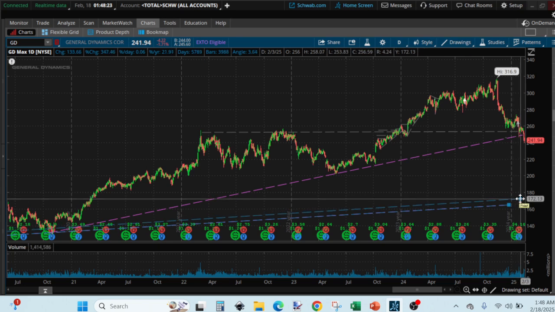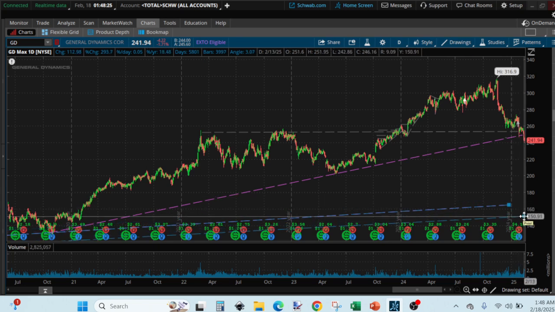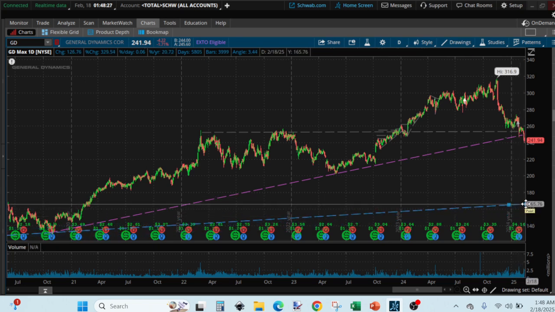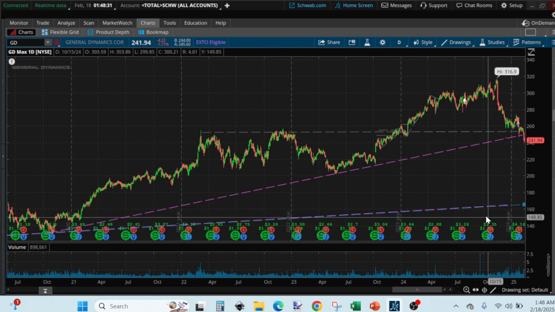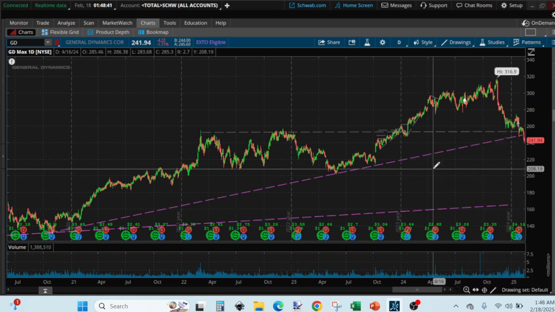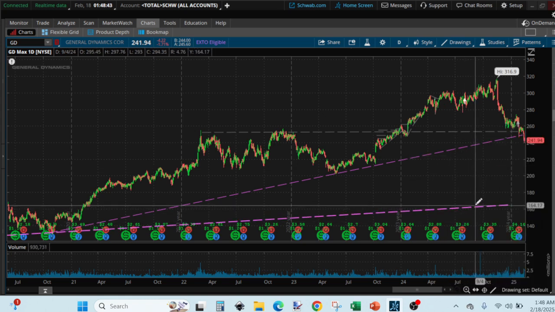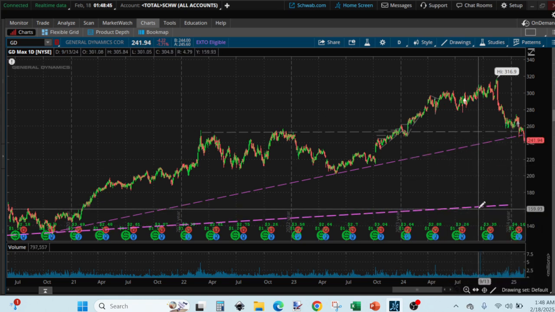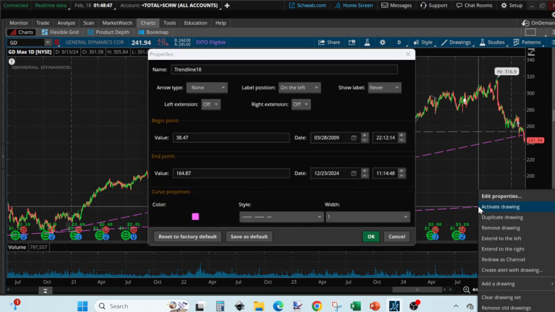I think we have a double. We duplicated this. But yeah, we are just going to keep observing it to see what it's going to do.